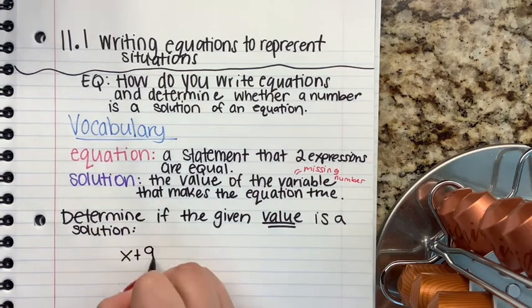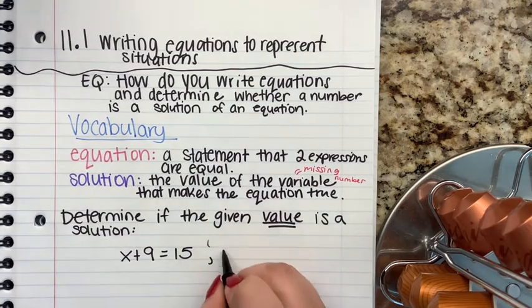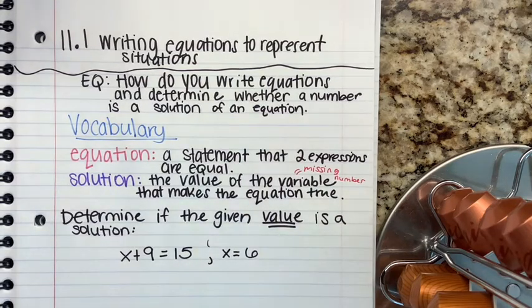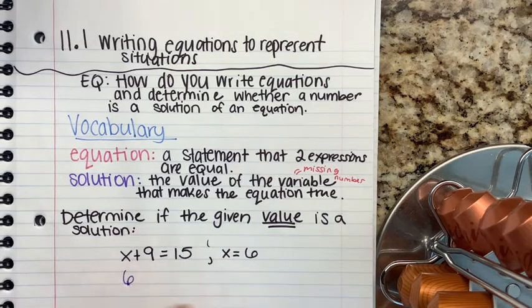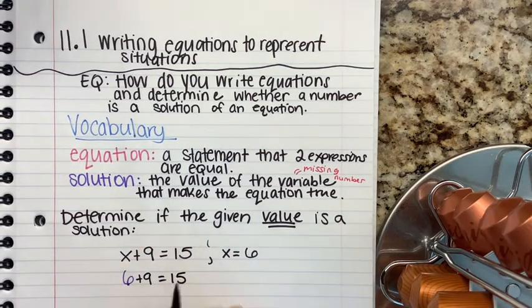X plus 9 equals 15. And they're giving us the value X equals 6. So just like we practiced in chapter 10, we are going to take our value for X, 6, and plug it into the problem. 6 plus 9 equals 15. Now ask yourself, is 6 a solution for this problem?